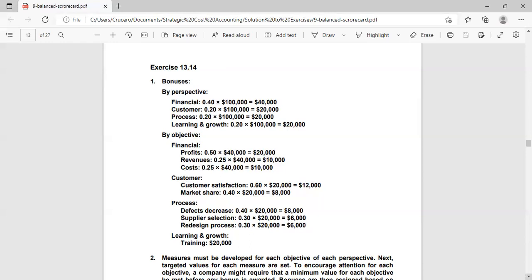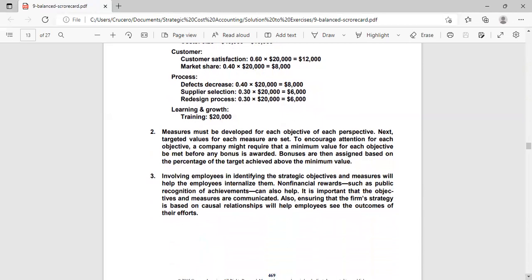So we have now requirement number 2. Measures must be developed for each objective of each perspective. Next, targeted values for each measure are set to encourage attention for each objective. A company might require that the minimum value for each objective be met before any bonus is awarded.